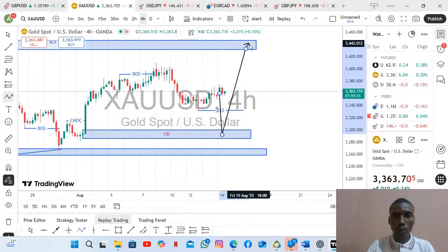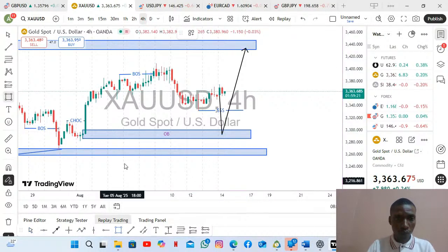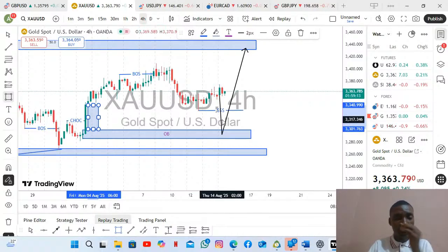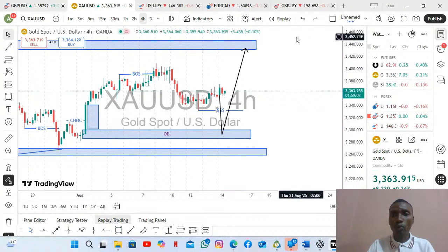And why do we so much believe in this order block? We believe in it because we can also see a large fair value gap which is gradually being filled up. So if gold taps into this, of course, it has tapped into this fair value gap, but we need it to sweep down, tap this order block and go up.